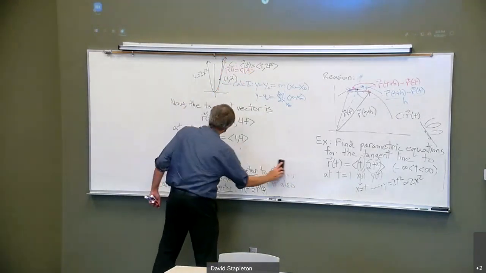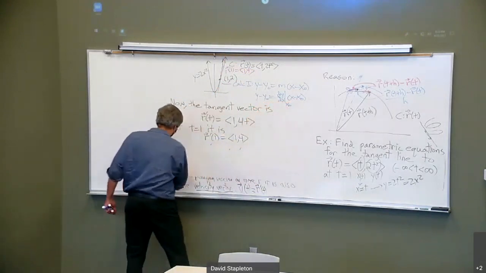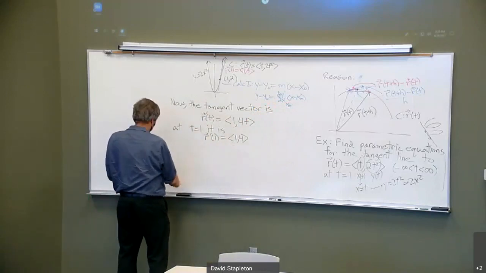Now, how do we get parametric equations for the line instead of doing this point slope equation for the line? What we do is simply this.